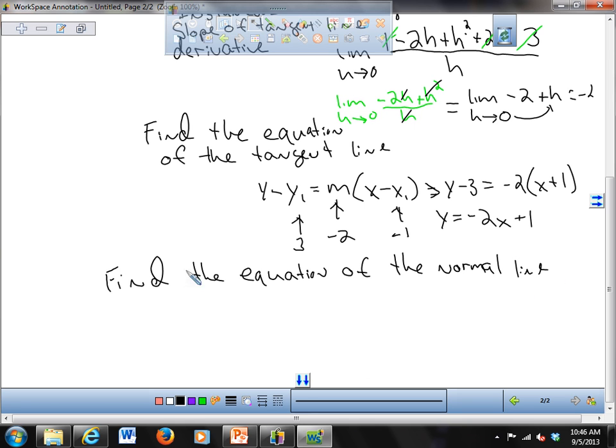Anyone know what normal means? Means like flat in relation to the thing. That actually means perpendicular. It's the opposite of what you think. So normal means perpendicular.